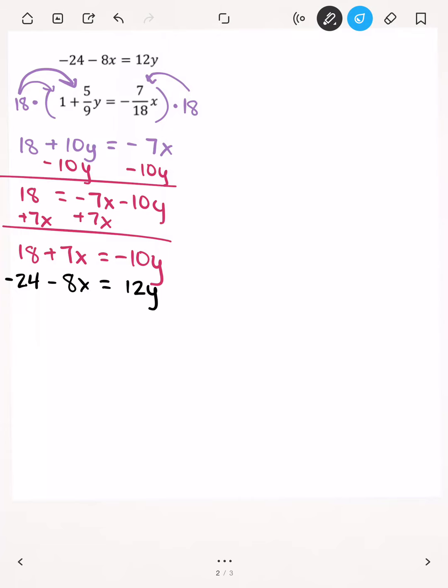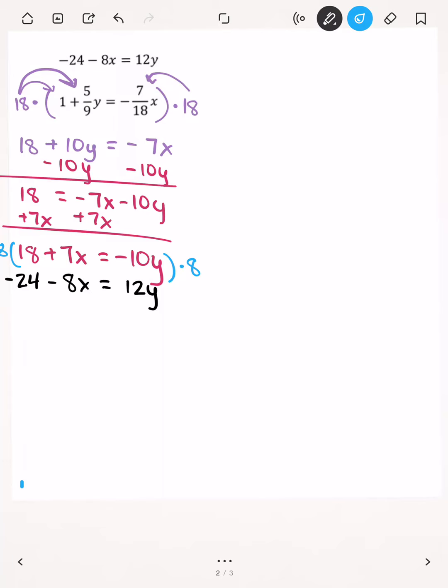In a case like this where I don't know where to go, what I would do is take this first equation and multiply it by the x value in the second equation. So I'm going to multiply by 8.